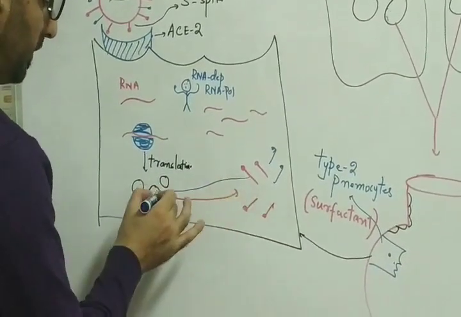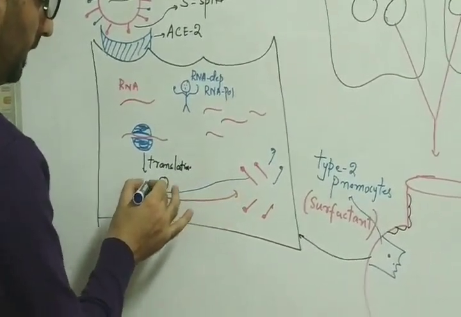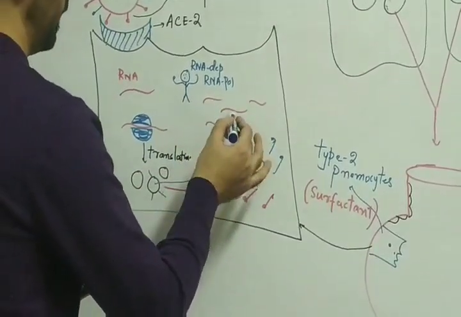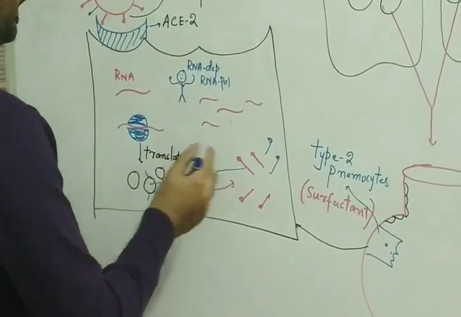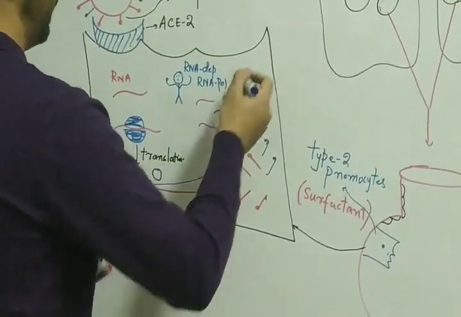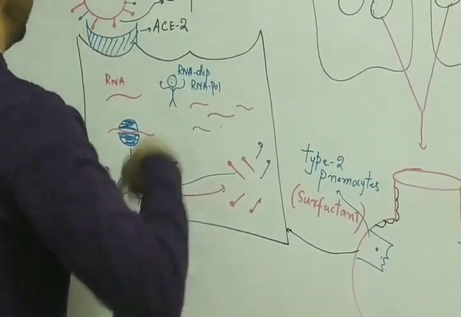The spikes are formed here, and this RNA enters the capsule, or we can say this protein. Then it forms a structure like this and like this.